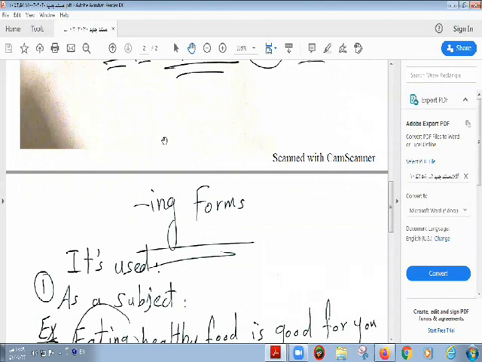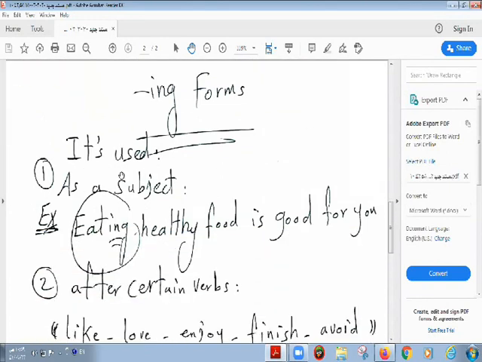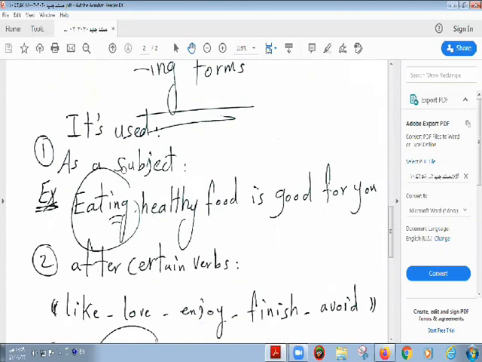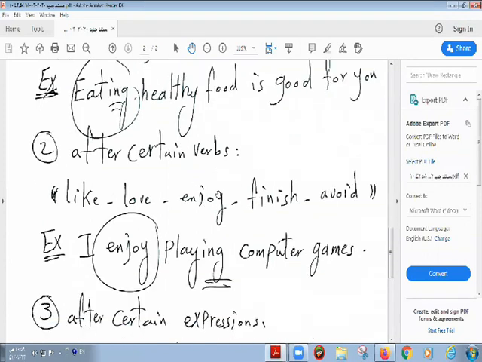When we talk about ing forms, we see that it's used as a subject. For example, eating healthy food is good for you. We can also use ing forms after some verbs such as like, love, enjoy, finish, avoid. For example, I enjoy playing computer games.